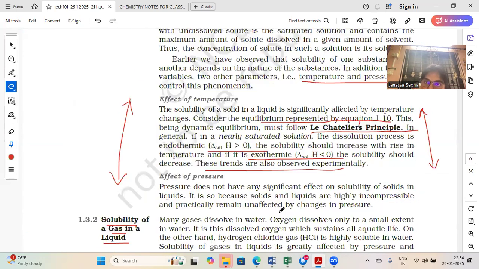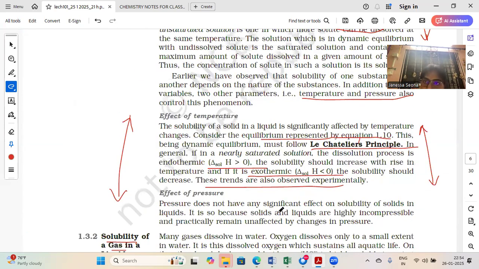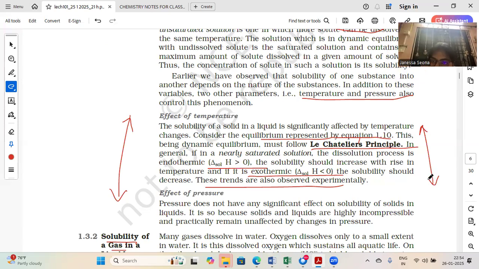We know the French chemist Le Chatelier has proposed a beautiful principle that is applicable to almost all the equilibria and equilibrium processes, and it states that the system under equilibrium, when subjected to changes in key parameters like temperature, pressure, and concentration, will tend to adjust itself to a new equilibrium so as to nullify the effect of the change.